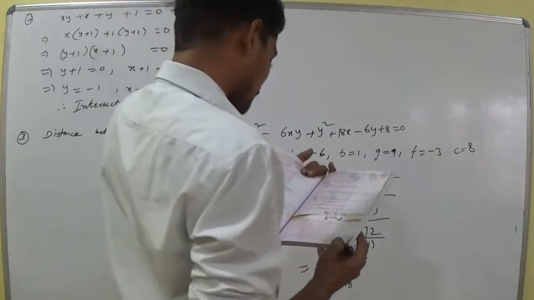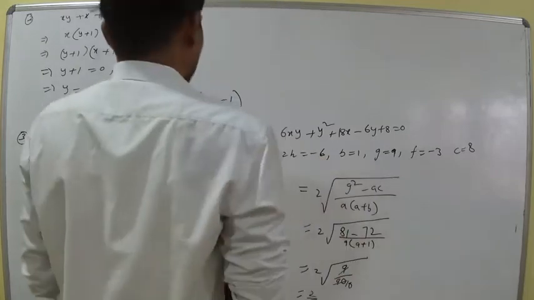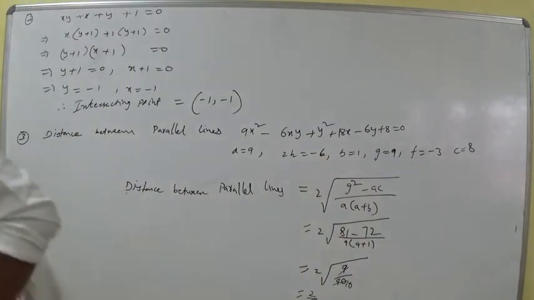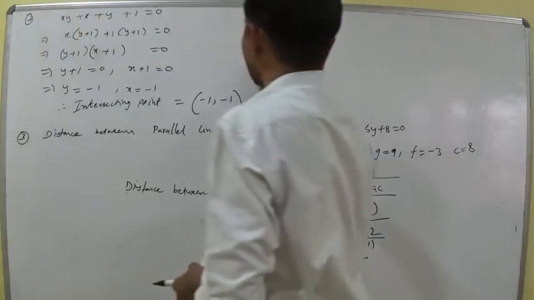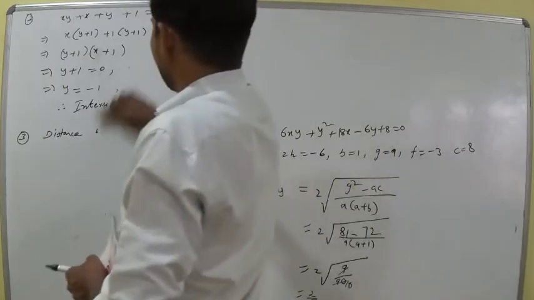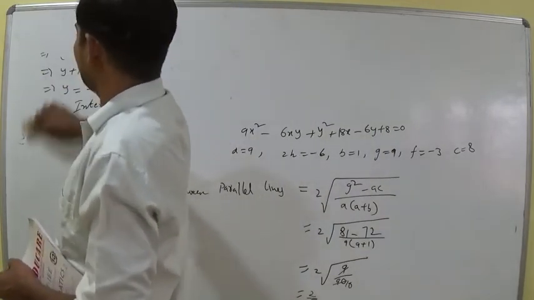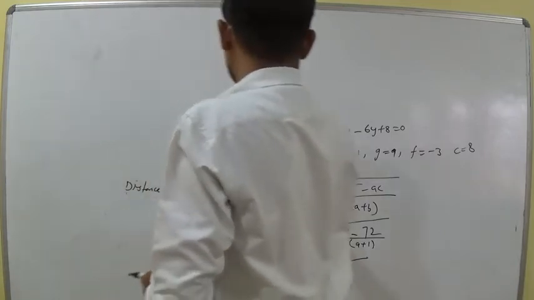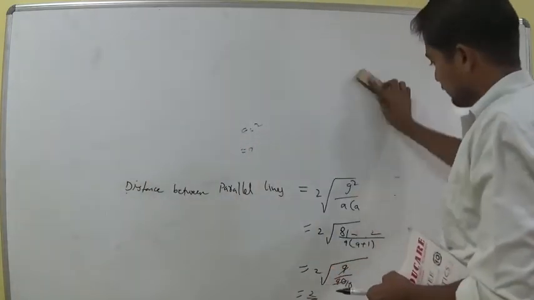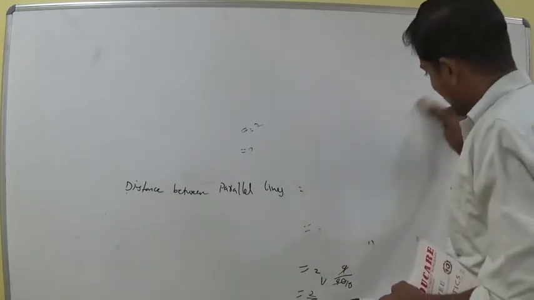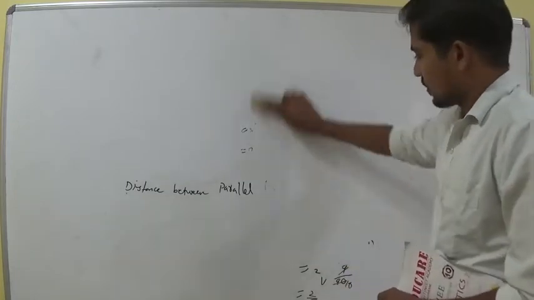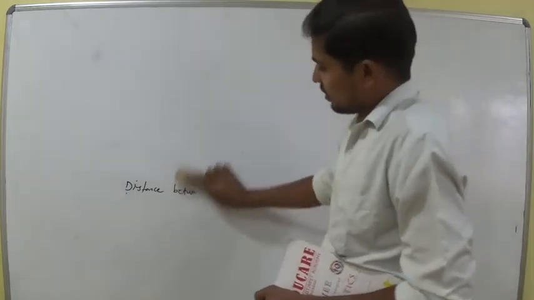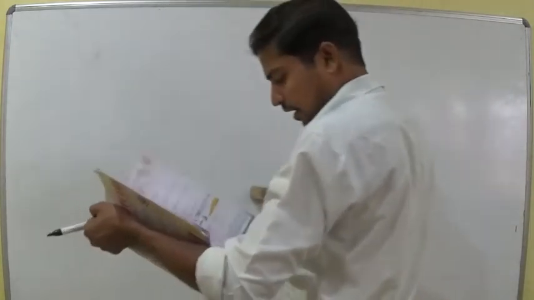Next, fourth one. Now fourth one, find the value of k.